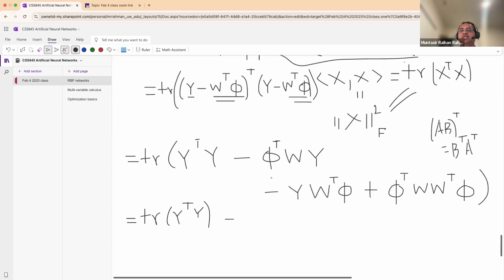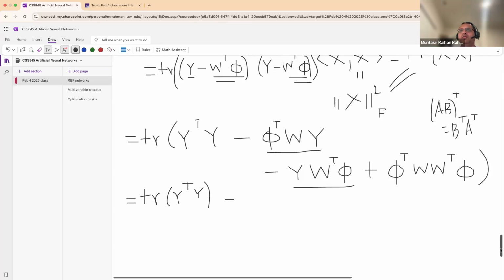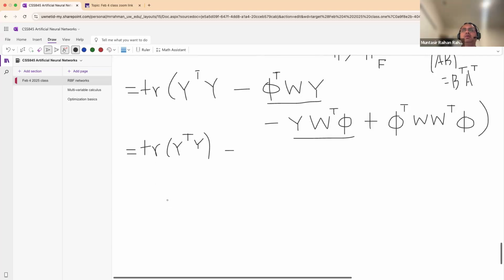And now let's look at what we have here. When we take a trace, this and this are going to end up being the same quantity because they're inside the trace. So let's look at the Y. I'm going to take the transpose of these two. The transpose is additive, so this is going to be the same.